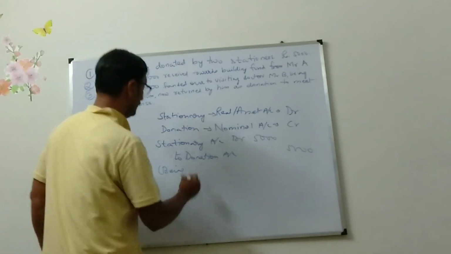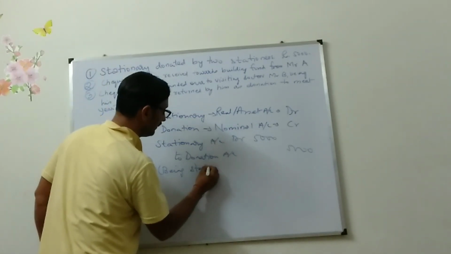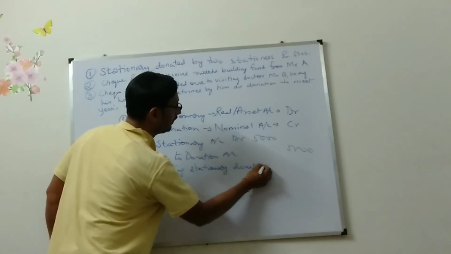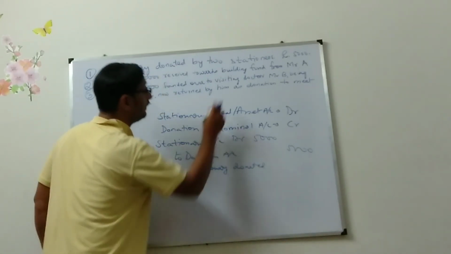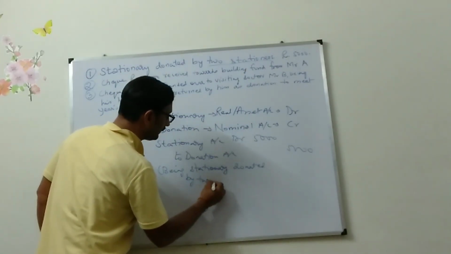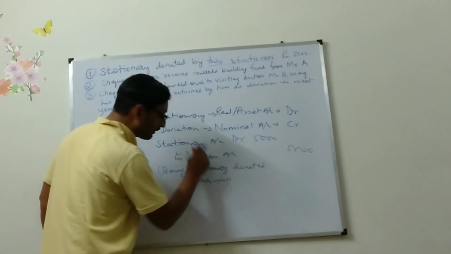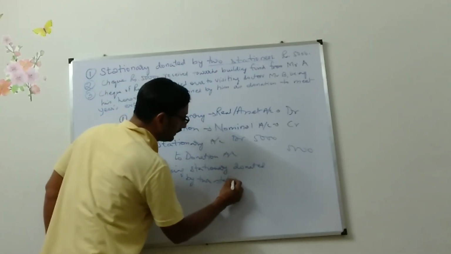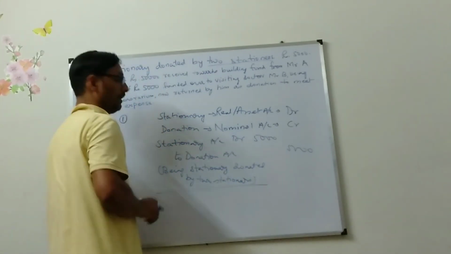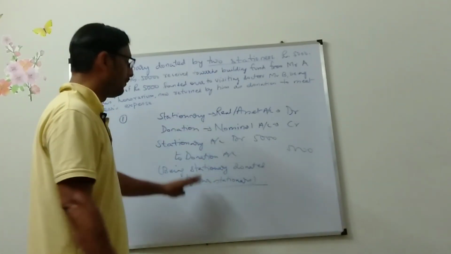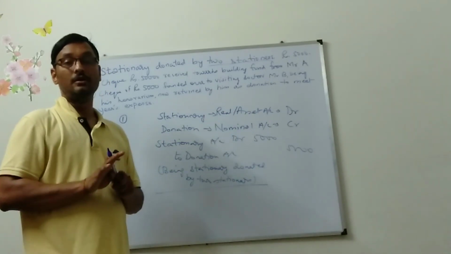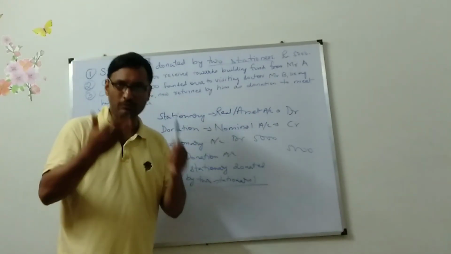Being stationery donated by 2 stationers. Whatever you could not write over here, you need to write in this one. Underline it. So this is the way you need to dissect one transaction. This is the way you need to think.